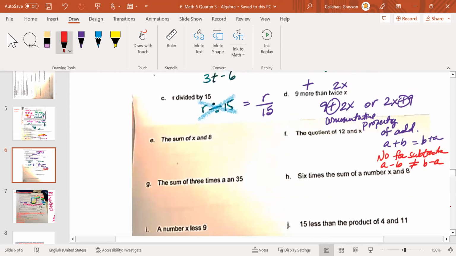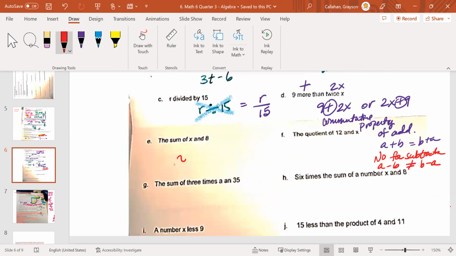Okay. The sum of x and 8, the quotient of 12 and x, the sum of 3 times a and 35, like that, right? 6 times the sum, okay, so 6 times the sum of a number x and 8, right?